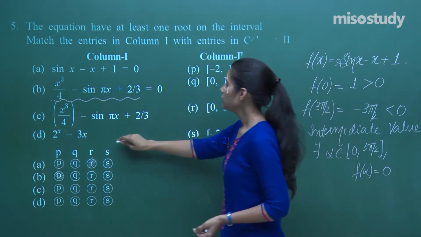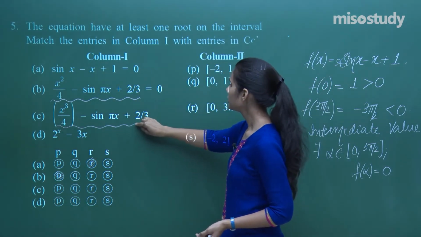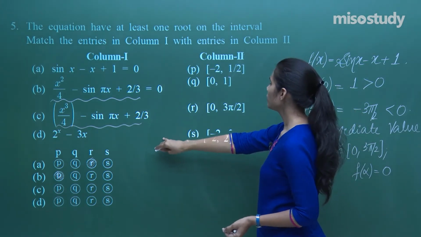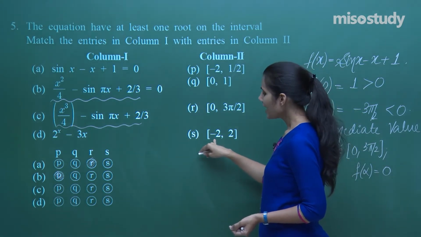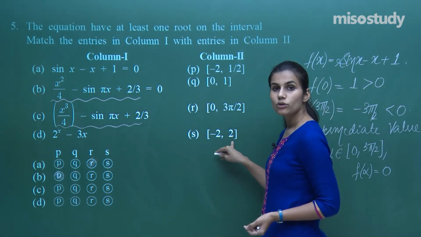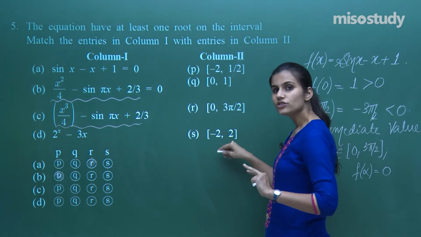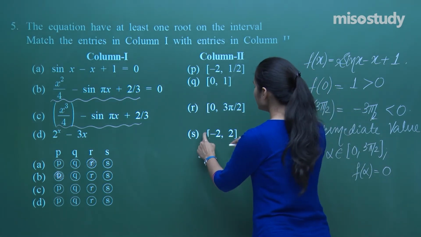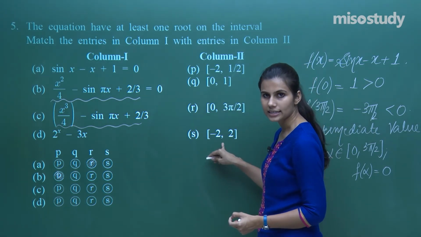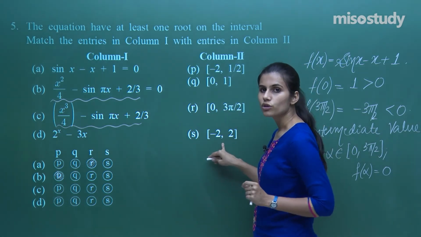If I talk about the third one, if you take this as your function, you basically are going to get that function at minus 2 giving you a negative answer, and at 2 it will be giving you a positive answer. Sign change is happening, and therefore in this interval definitely there will be a point where this function will be cutting the x-axis, and that is going to give you the root of this function.